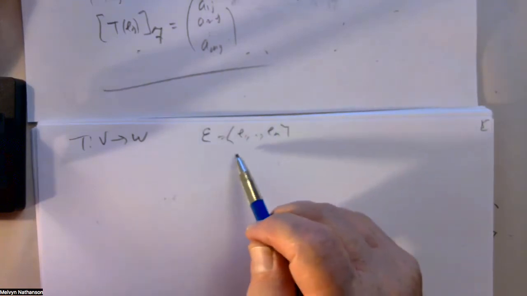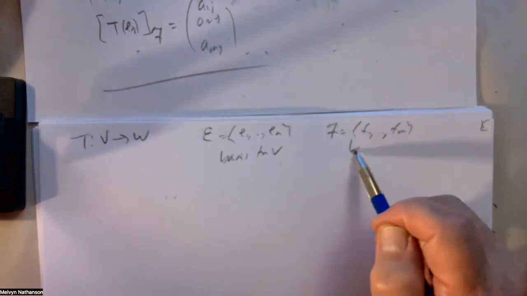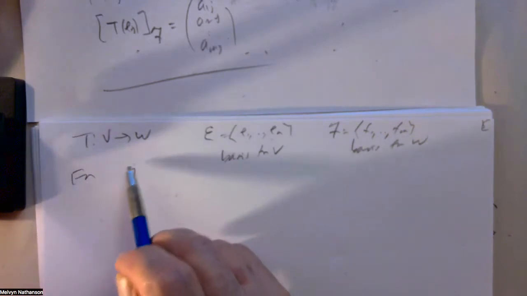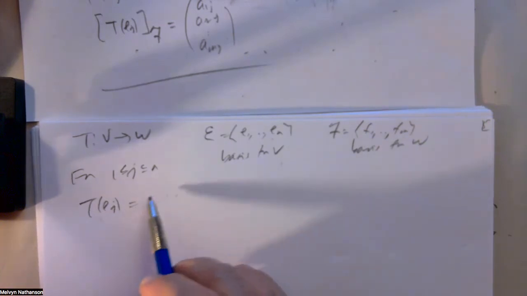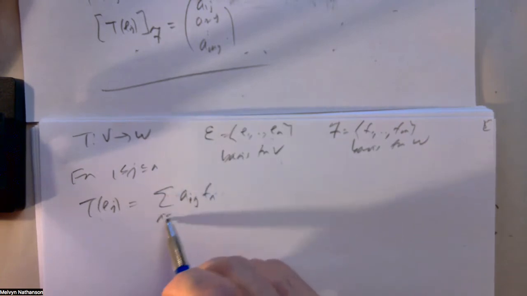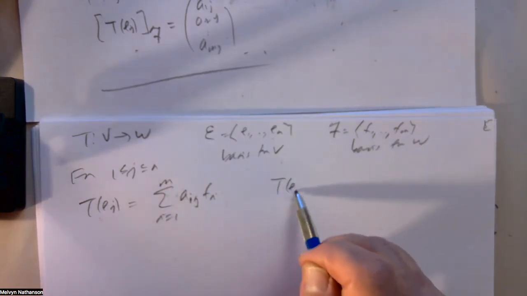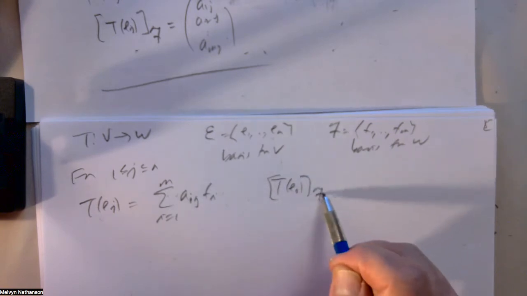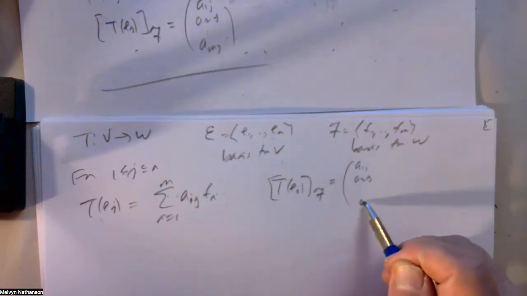This is a basis for V. I have F, which is f1 up to fm, which is the basis for W. And for each vector ej, j between 1 and n, T of ej is the summation of aij fi, i goes from 1 up to m. Another way of saying that is that the coordinate vector of T of ej with respect to the basis F is the column vector a1j, a2j, down to amj.